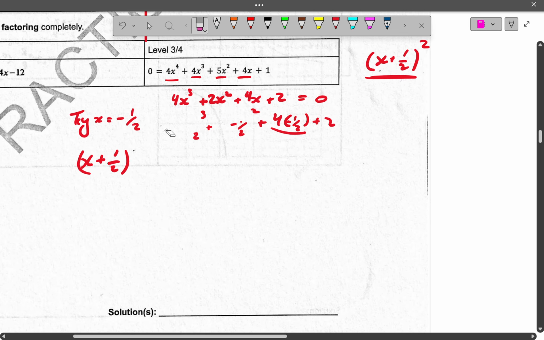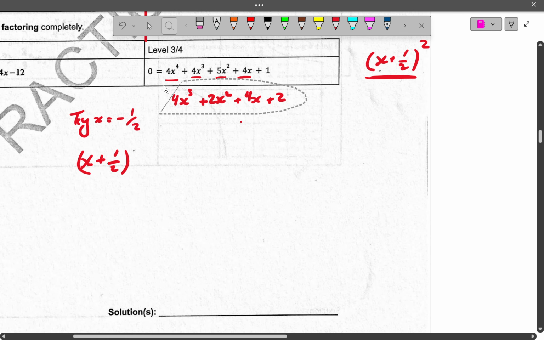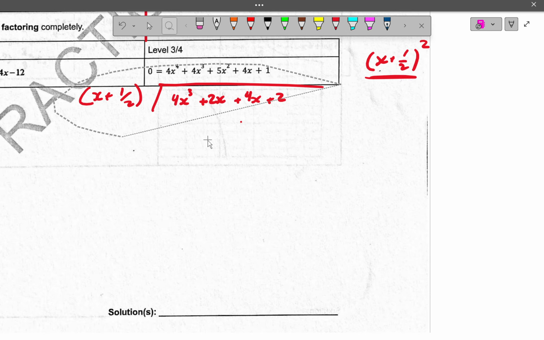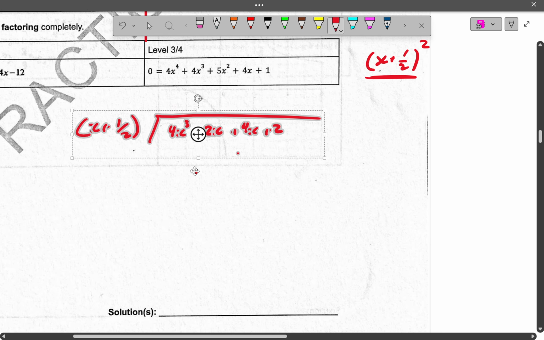So this is what we have, and we know that one of the factors is x plus a half. So same idea we did before. It's quite long, but the steps are all the same.